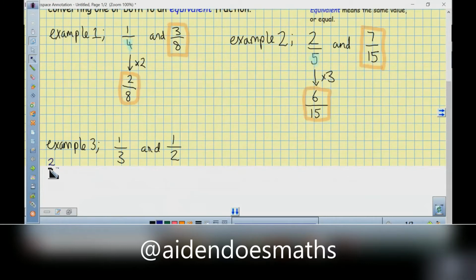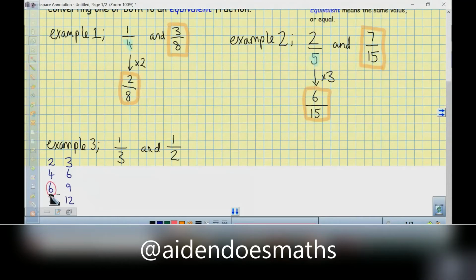So if we write our multiples of 2, 2, 4, 6, 8, if we need to go further, we can. But let's try our 3s first as well. So 3, 6, 9, 12. Are there any numbers here that match up? So they're in the 2 times tables and the 3 times tables.